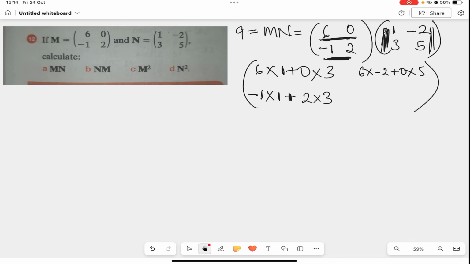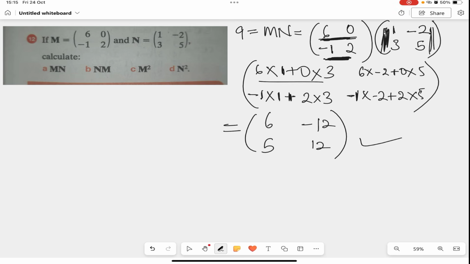Then we'll have minus 1 times minus 2 plus 2 times 5. That's second row, second column. When you simplify this, you have 6, minus 12, 5, 12. That's the answer to question A. As simple as that.